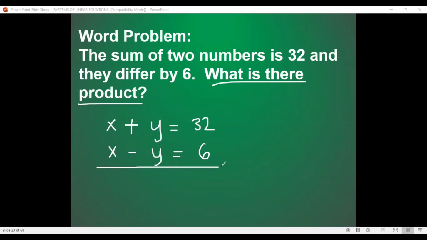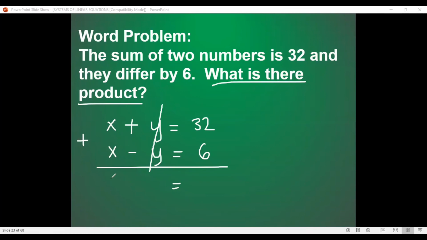Again, we will simply eliminate y because you already have a positive and a negative y. So what I will do now is eliminate by addition, so that we can do away with the negative sign. Eliminating by addition, you have a positive y and a negative y, so that is now 0.